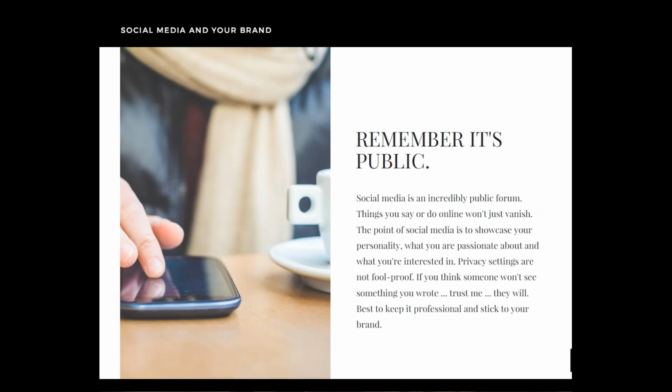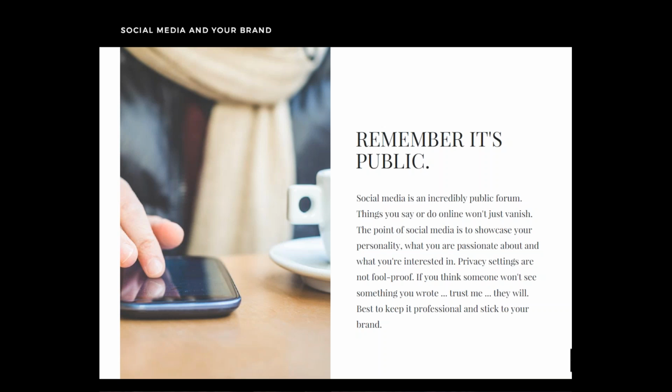And remember that social media is public. It's incredibly public. Things you say or do online just don't vanish. And the point of social media is to showcase your personality, so what you're passionate about, what you're interested in. And I will say that privacy settings, while they help, are not foolproof.